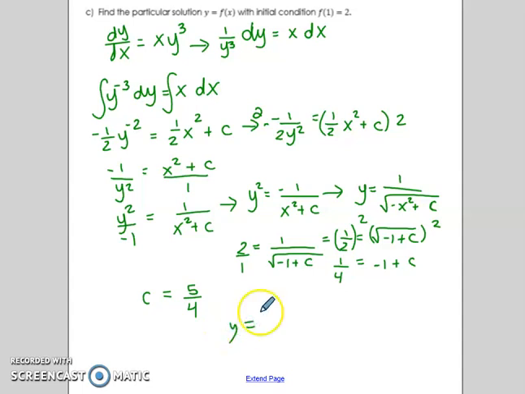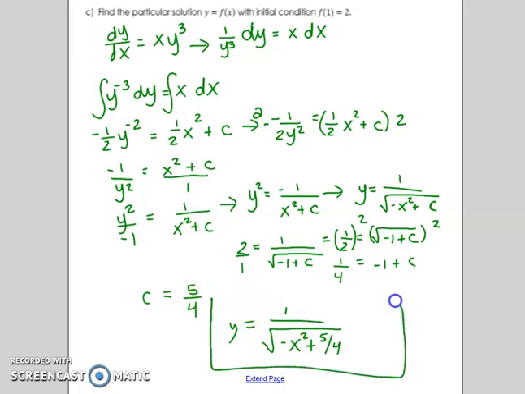So y is equal to, I'm going to go back to this equation, and I'm going to plug in 5/4 for c. So I have 1 over the square root of negative x squared plus 5/4. And then that would be our answer.